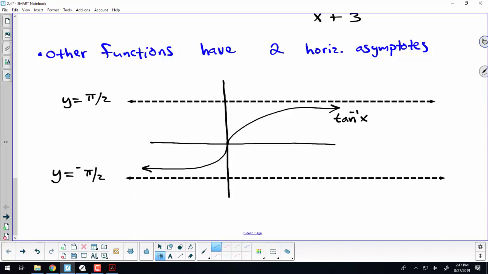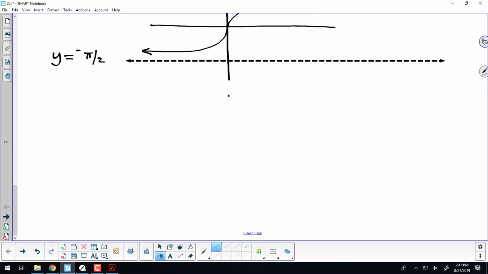Would it be multiple on the same graph? Like, let's say, for example, another set of horizontal asymptotes. Would it be a different function, or is that just pertaining to inverse tangent? It could be a different function, and we'll see an example in this section, 2.5 rather, where you have a function that does this kind of thing.